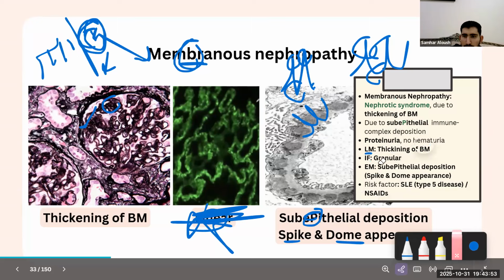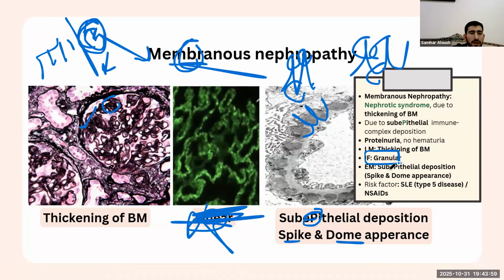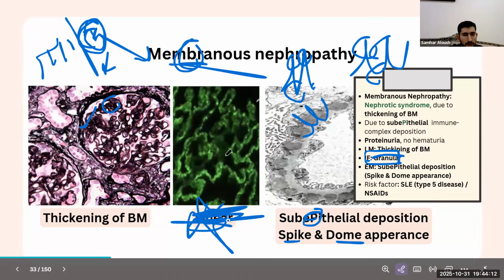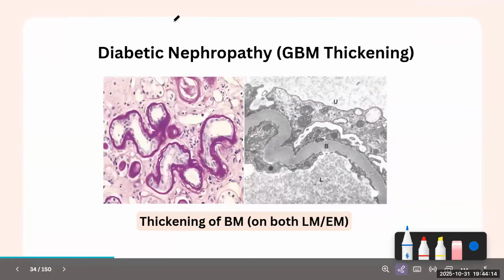I thought it was confusing anyway. Okay, membranous nephropathy is granular because it's subepithelial. It doesn't damage the membrane itself, so it should be granular. Because it's subepithelial, it's like the other diseases. Okay, clear? Last time, it's granular, not linear. That was a typo.